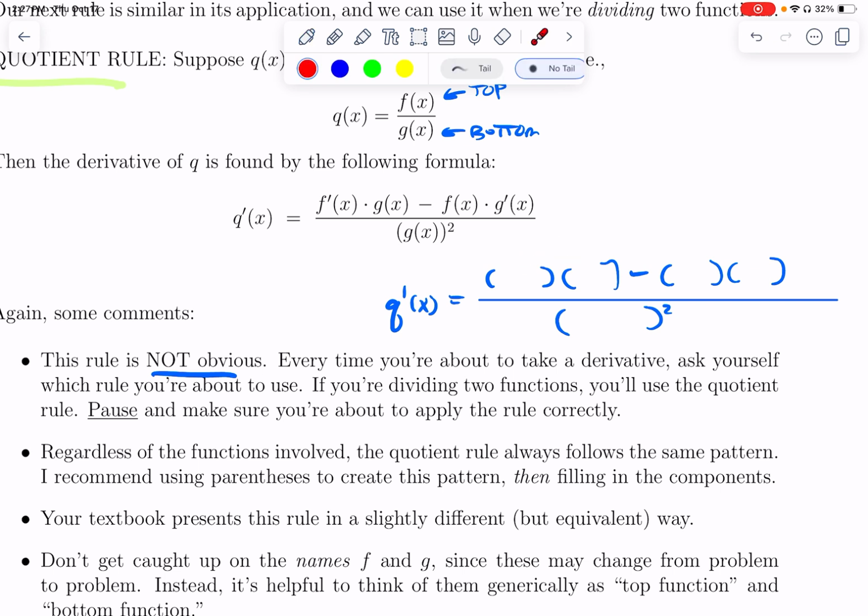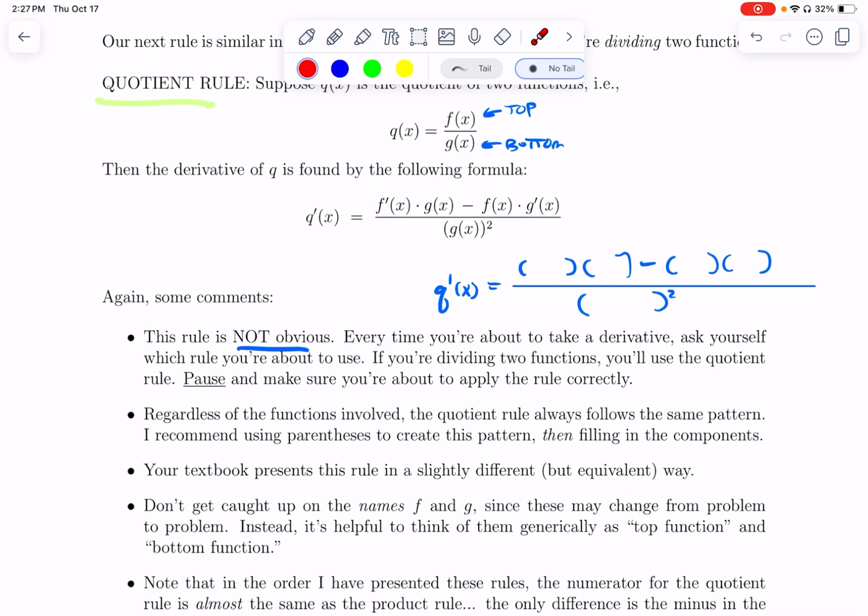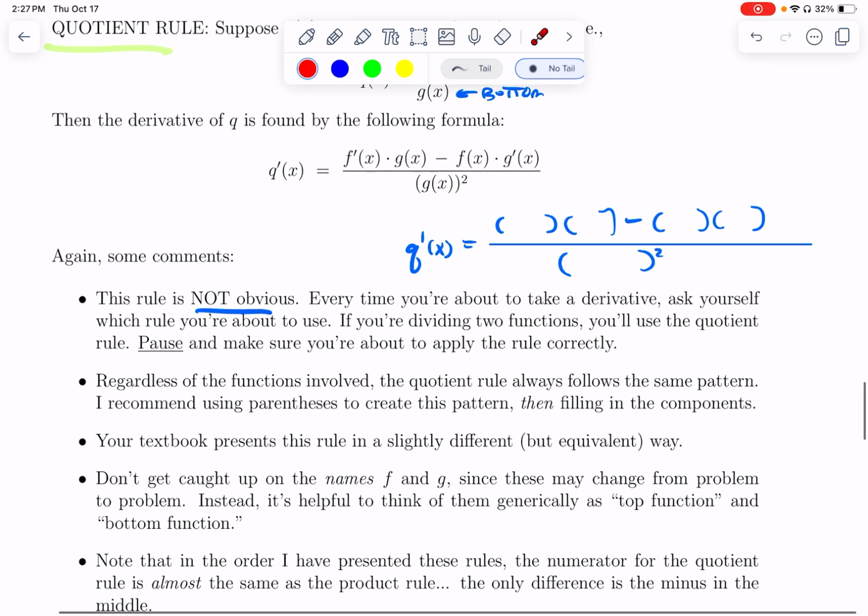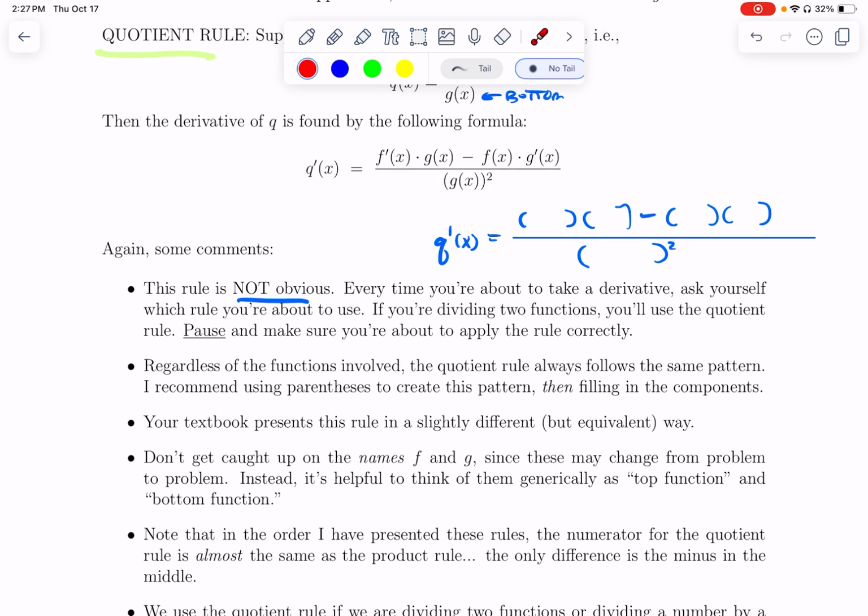Two things multiplied together minus two things multiplied together, all over something squared. Then I have my structure ready. My parentheses are ready, and I'm just inserting what I need. Again, your textbook presents this in a slightly different way, if I recall correctly, but it's equivalent. Don't get caught up in the names f and g, right? I mentioned that before. Think of them as top and bottom.